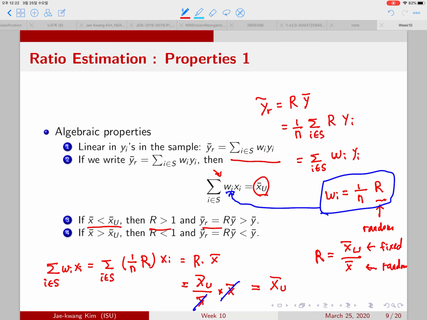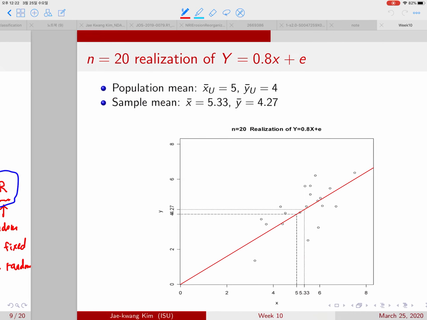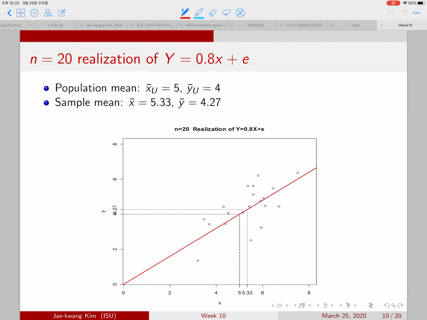That means the ratio estimator is greater than the sample mean, which is good. Why? Because we know that the sample happened to be smaller than the mean. So that gives some accuracy improvement. Here's an illustration to understand using an example.